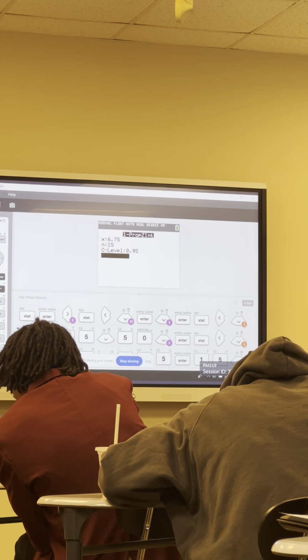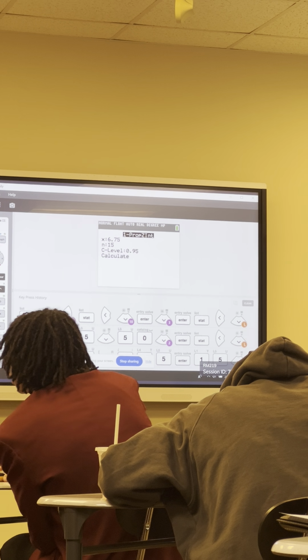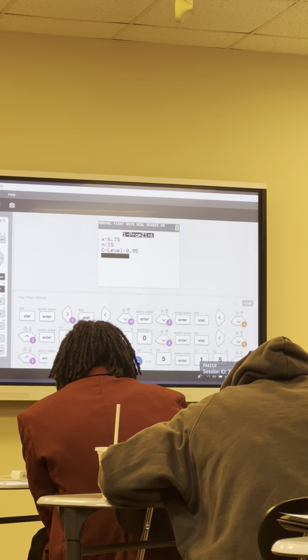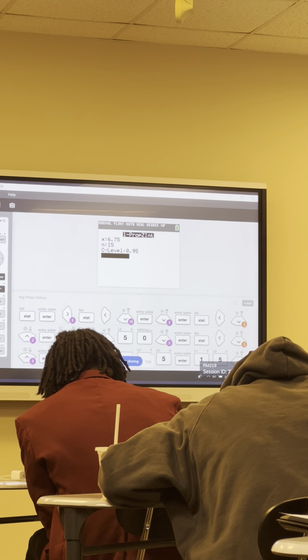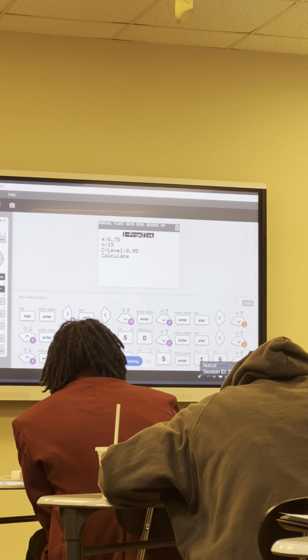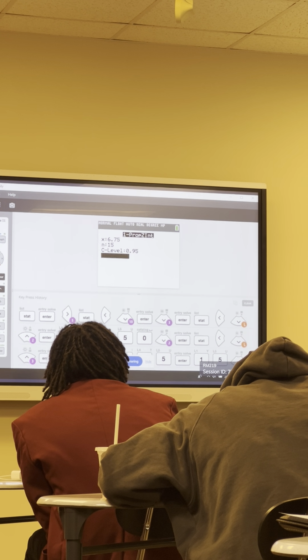This number is not working. Why? You have to check the condition. N times P is less than 10, and this is not working at all.